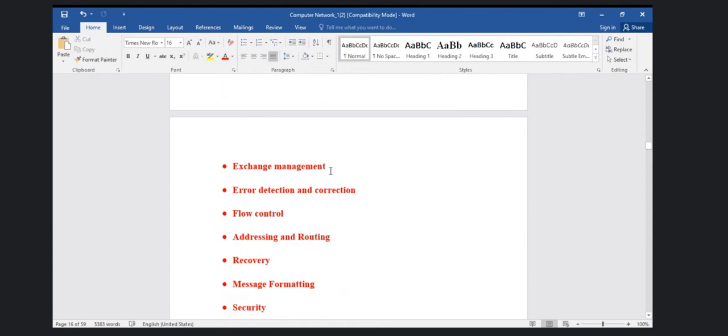Besides ASCII, we have EBCDIC because IBM computers use this format of data. EBCDIC is the Extended Binary Coded Decimal Interchange Code. So it is different from ASCII. ASCII is a 7-bit code, whereas EBCDIC is an 8-bit code.